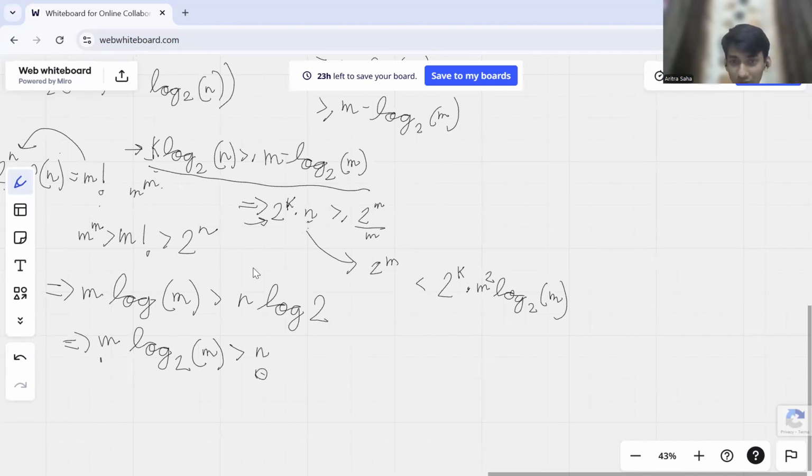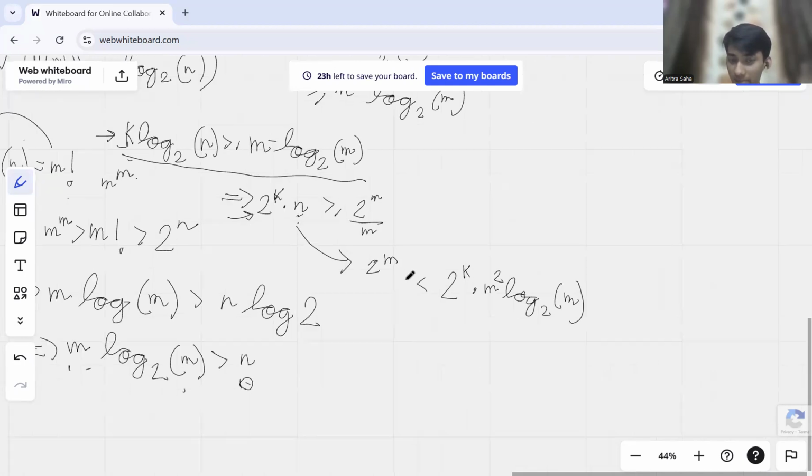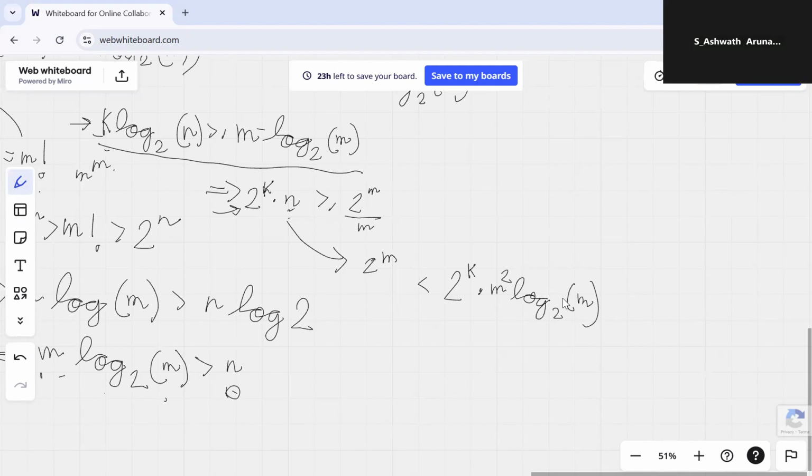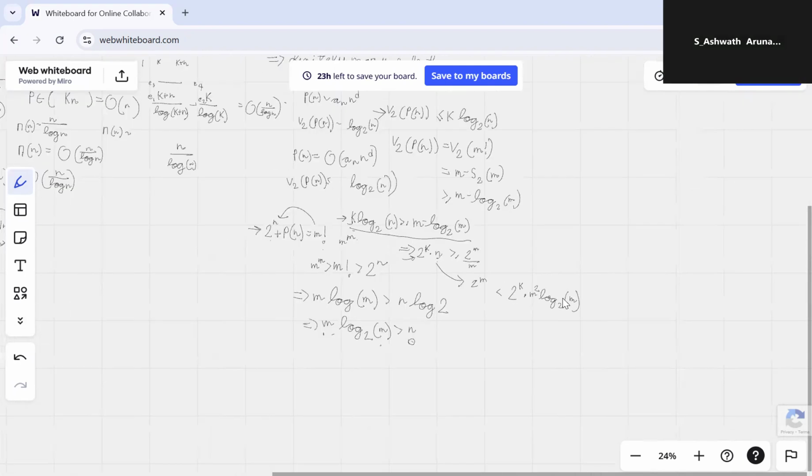So instead of n, we did m log 2m. So we have a whole equation on m. So 2 to the power m should be less than 2 to the power k into m square log 2m, but that is not possible because of size issues; 2 to the power m grows much faster than this. Okay. Got it. Thank you.